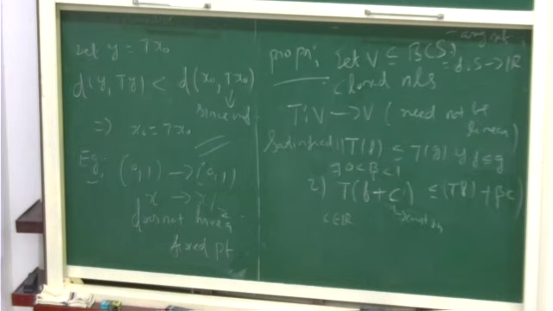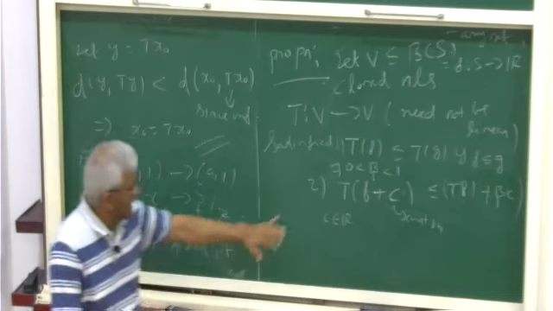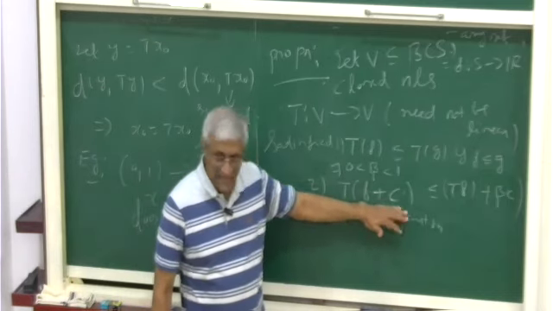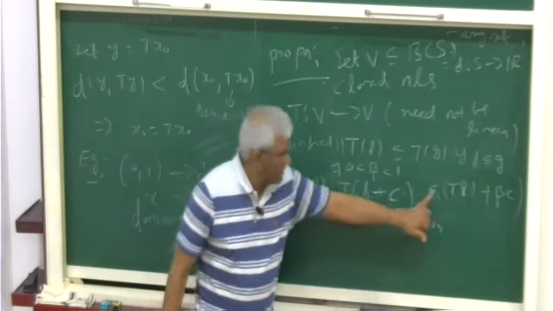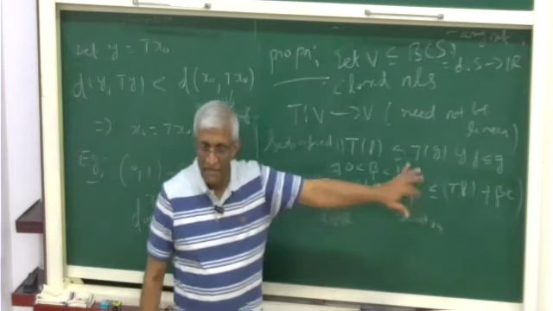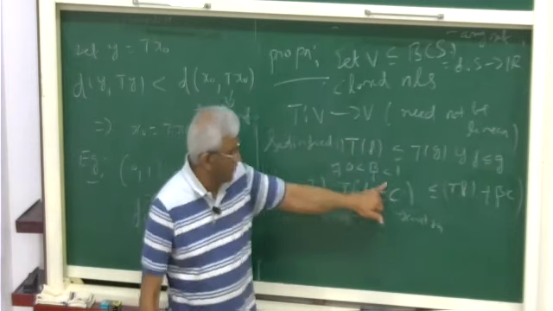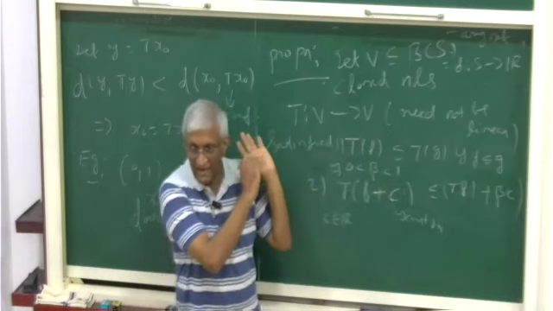I have a map. V is a subspace of bounded functions on S. I have a function from V to V which is monotone. It takes f less than or equal to g to Tf less than or equal to Tg, and it satisfies this property: T of f plus c, where c is a constant function, is less than or equal to Tf plus beta c, where beta is some constant between 0 and 1, like the earlier contraction one.